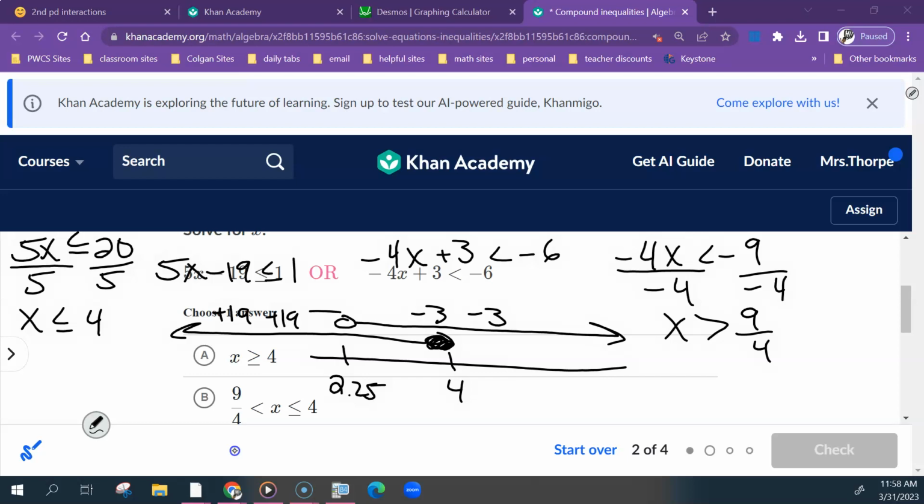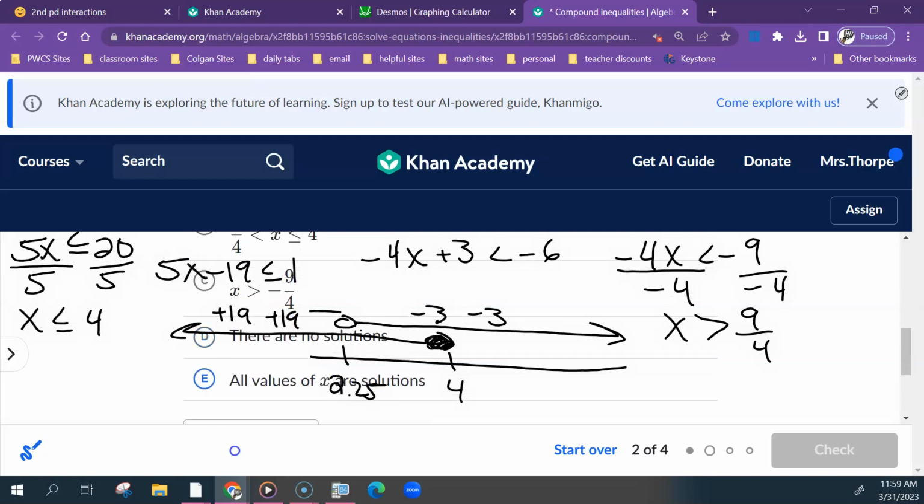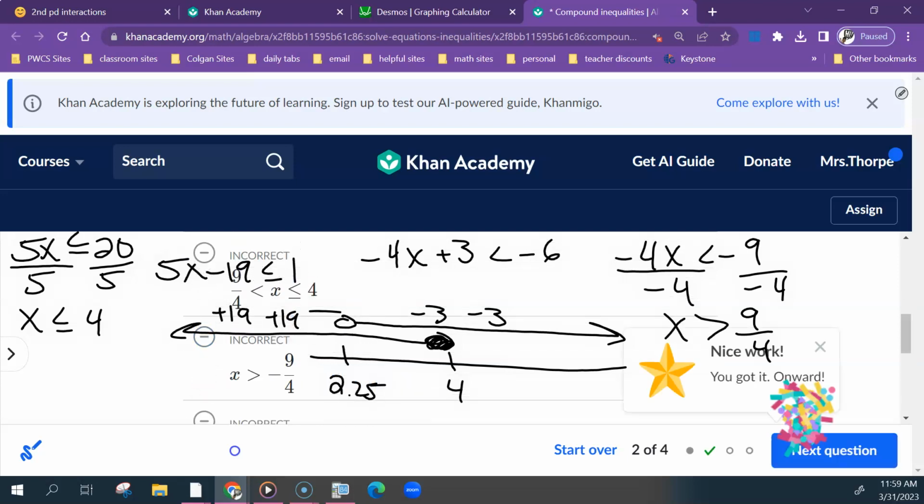So if it keeps reading it left to right, it starts at negative infinity. Even though it starts here for this one, it was already started for this one. And then by the time this one ended, it already kept going. So the solution for this one would be everything. So read it left to right for your "or"s. But for "and"s, it's still where it overlaps.